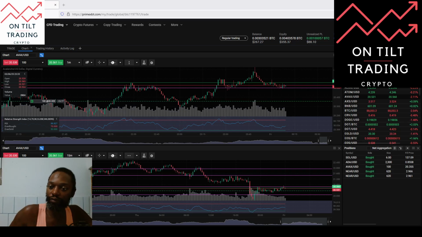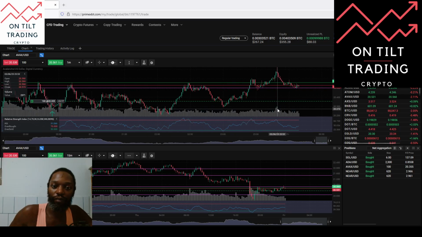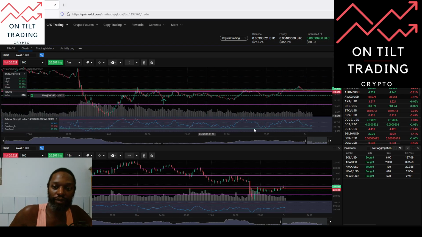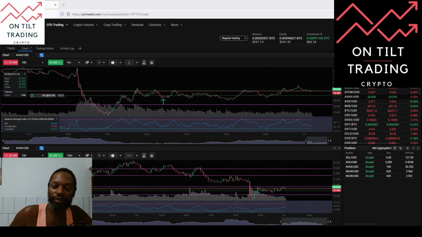Showing you down there on a 15-minute chart. Back up, you can see here, high volume profile. For the trade, you want to take it somewhere in this mid-range right here. This is my entry.